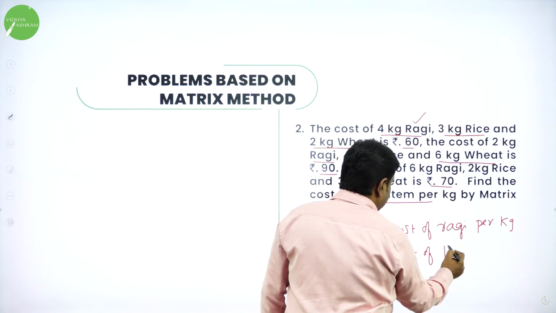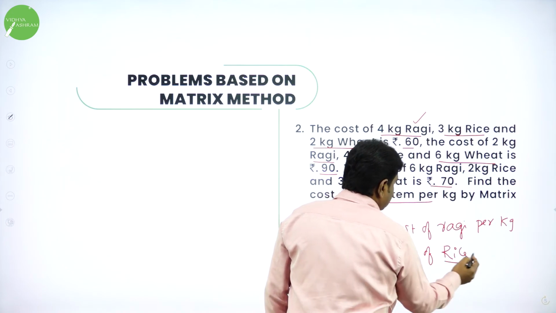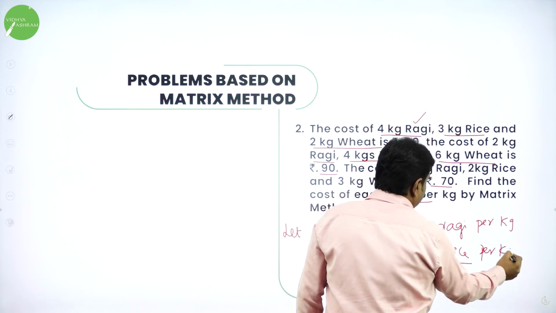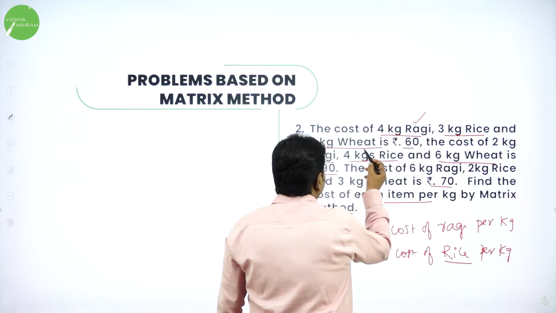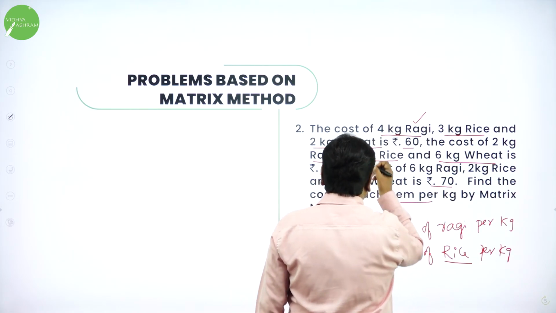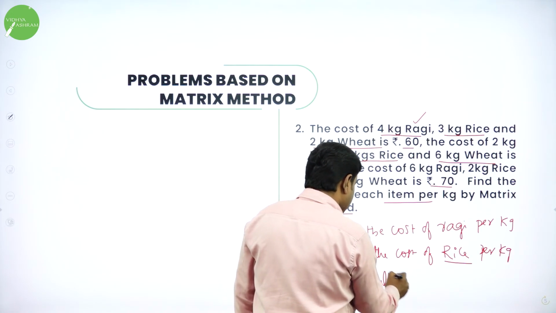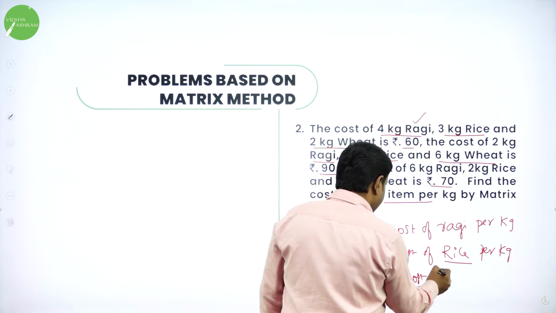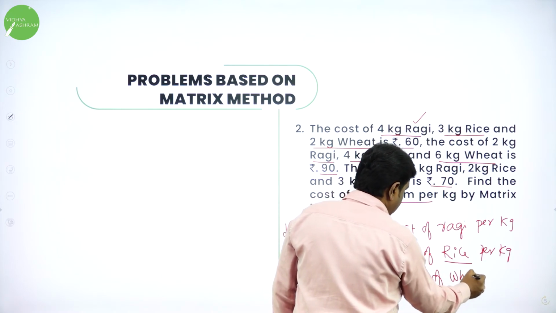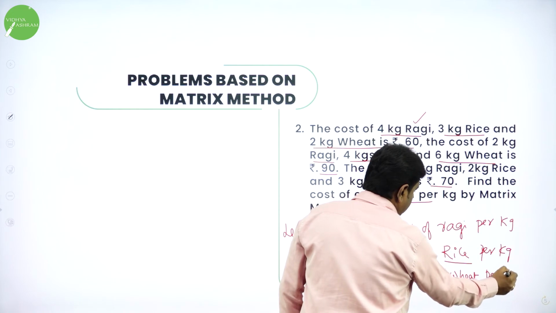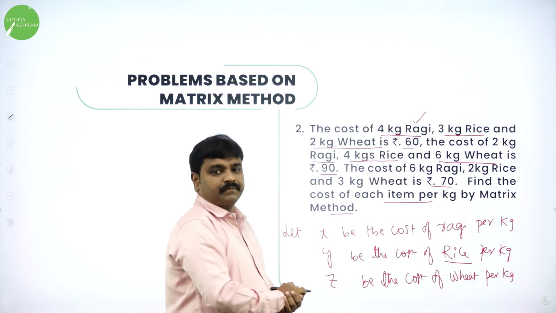Rice, so rice per kg. What is the third item? Wheat. So z be the cost of wheat per kg. This is our assumption.